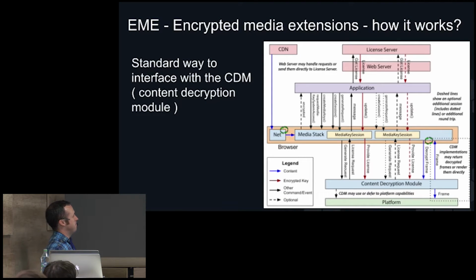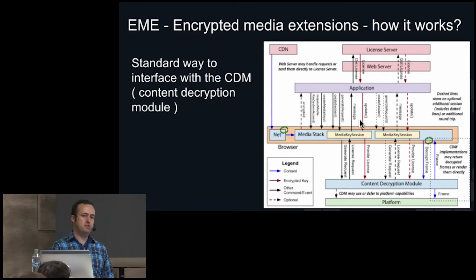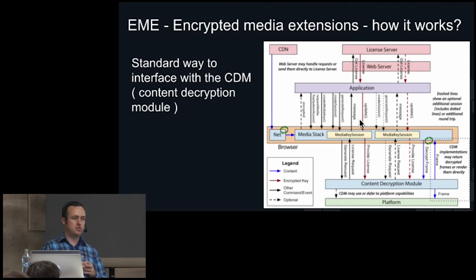That maps to this architecture diagram, which again I think is going to be a little difficult for folks to see at this resolution. Basically, it standardizes the way in which you interface with a black box, which is the content decryption module in the media framework.